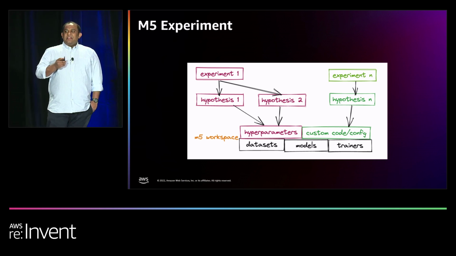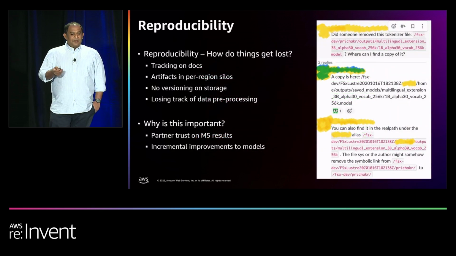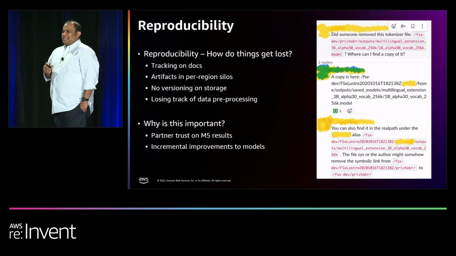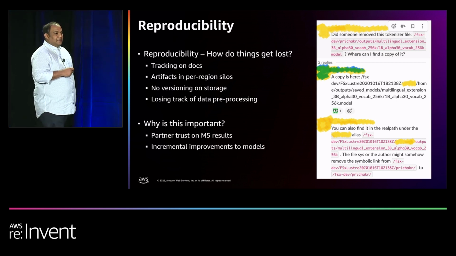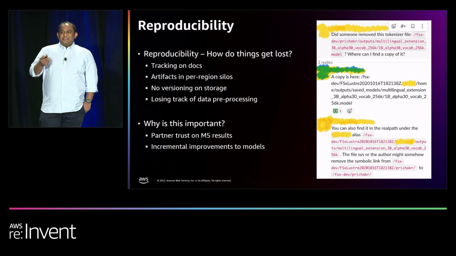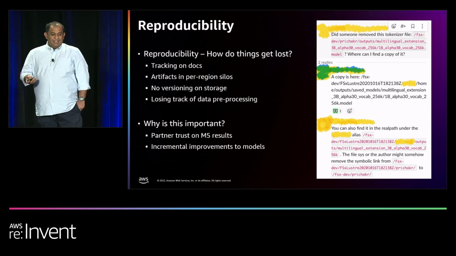For reproducibility, I can walk you through some simple examples of what it looks like. This is where things get lost when you're in multiple AWS regions. People think, my results were in this region, but I cannot see them in the other region because they were tracked in a documentation or somewhere.